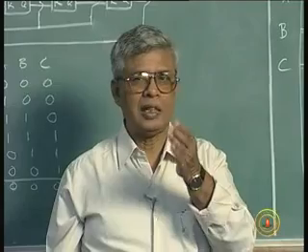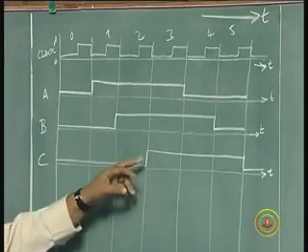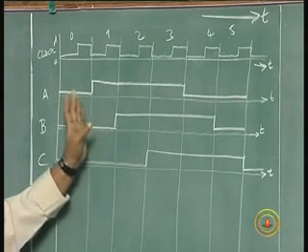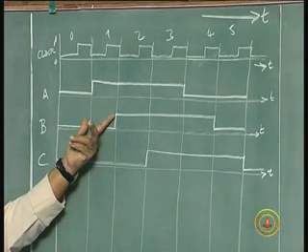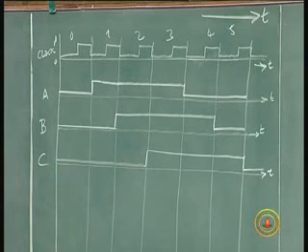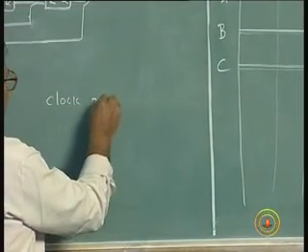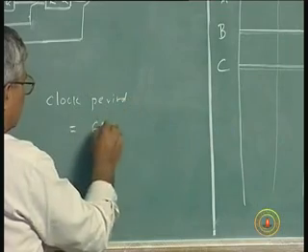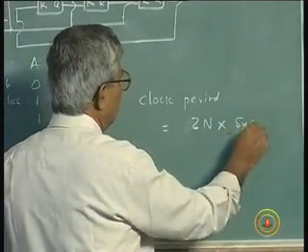That is one thing which you can always get by division. But more importantly, if you want to use these as separate clocks with different phases, there is always a phase difference of 1/3 of a clock period between this and this, this and this. It's called a multi-phase clock. So the clock period is 2n times the system clock period.